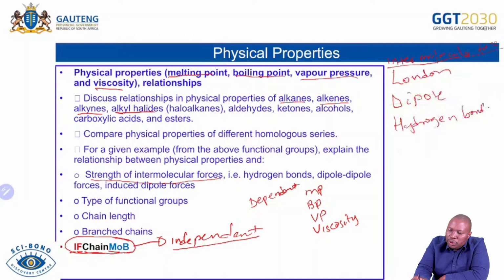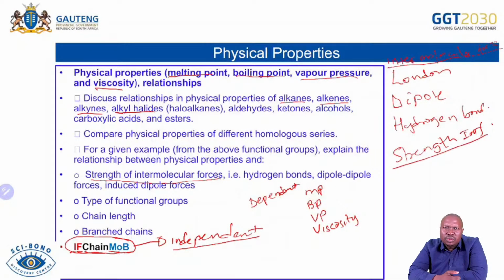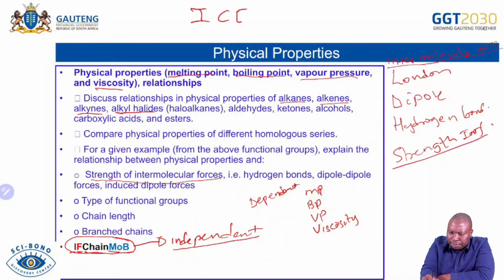So we'll always be looking at the strength of the intermolecular force, to say is it stronger, is it weak, how much energy will we need. So we have this ICE principle that we use when it comes to this question: we look at the independent variable, which can be your intermolecular forces, to say what is the difference in terms of the intermolecular force, and then we compare the strength of the intermolecular force and then the amount of energy that is needed.